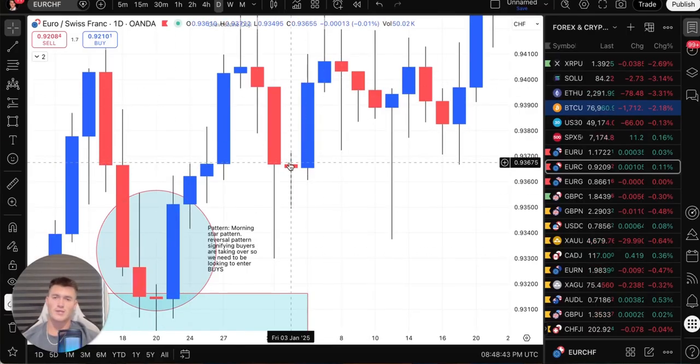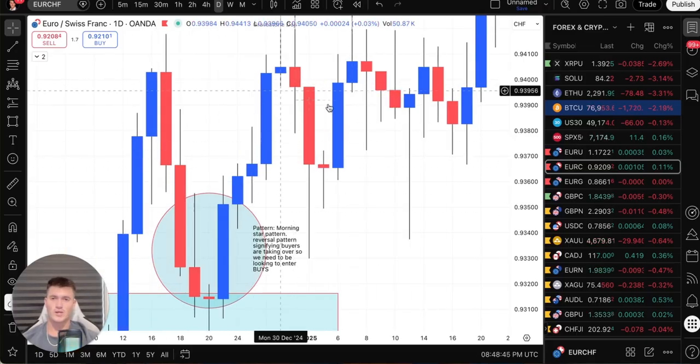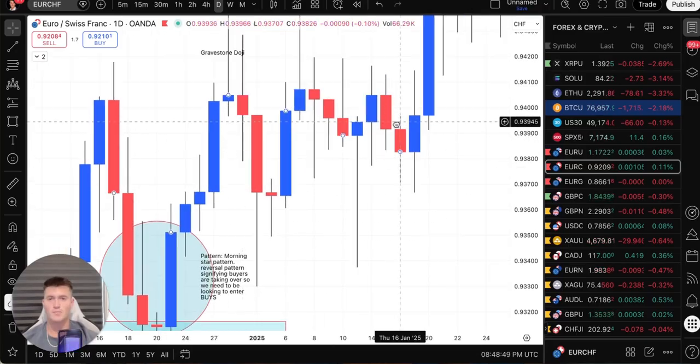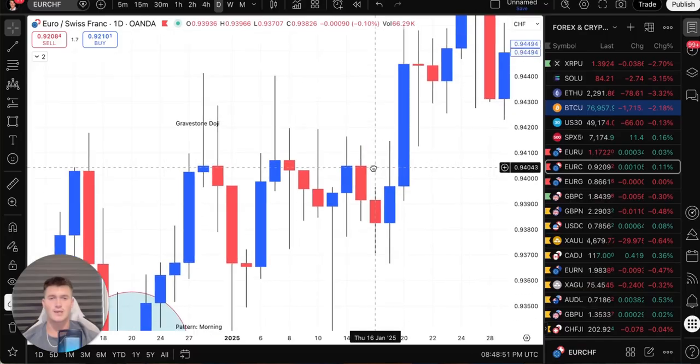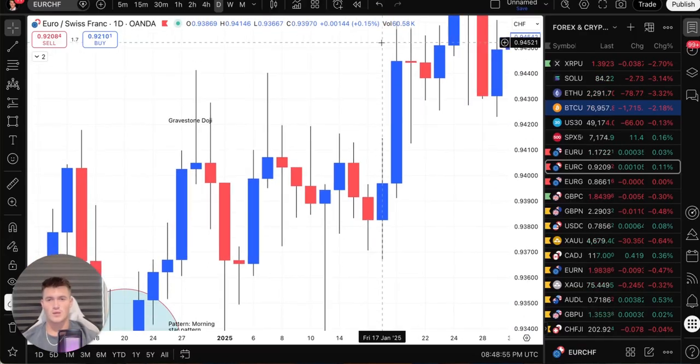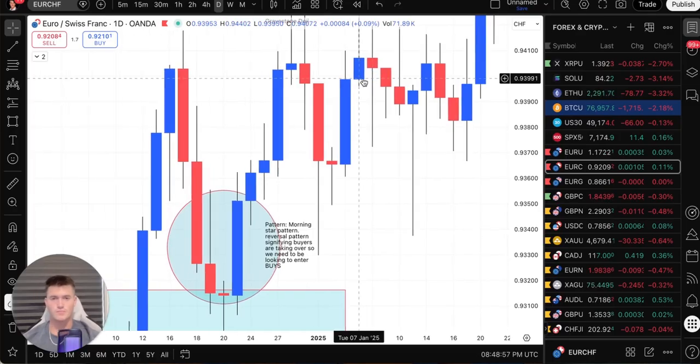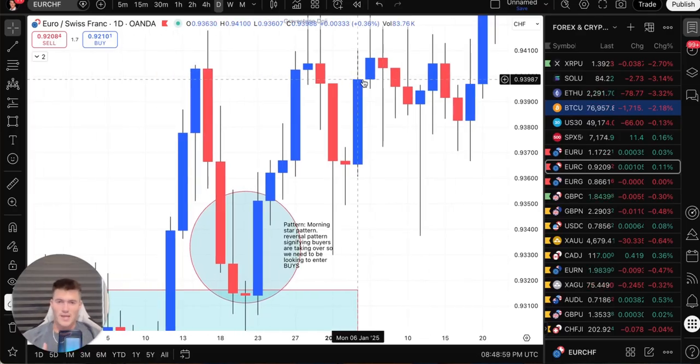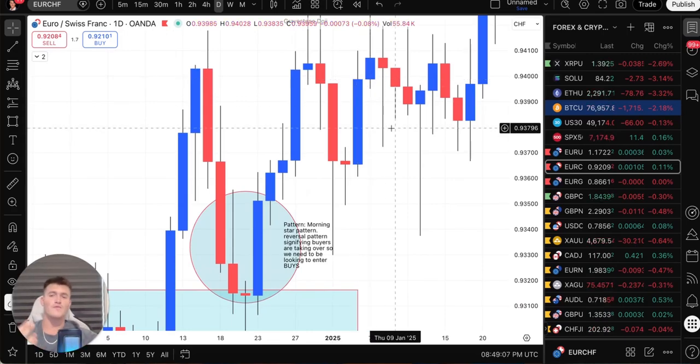So we're already in the trade. We were targeting these highs, which we would have hit, but as you can see, price did continue to go up for quite some time. So does that make sense?